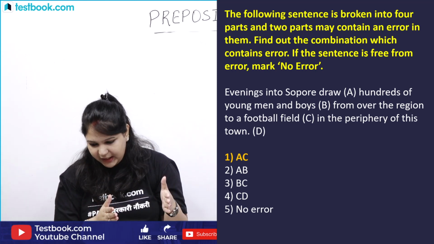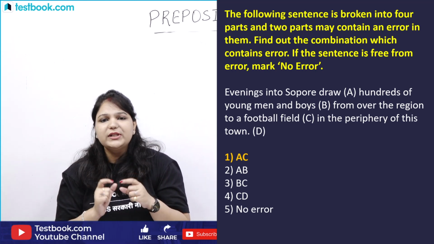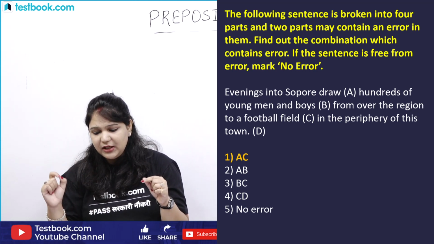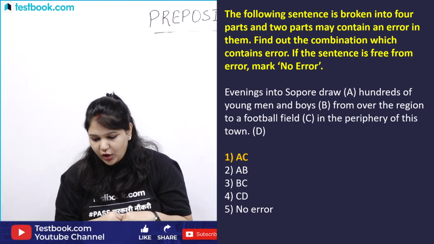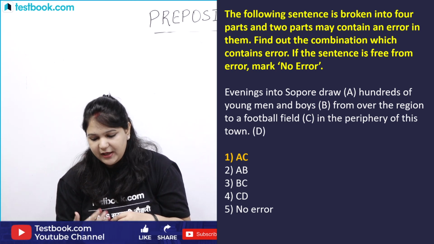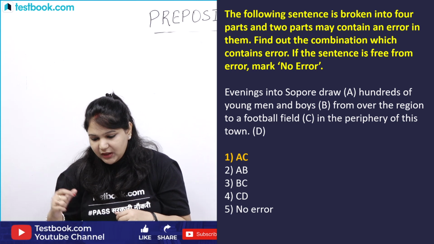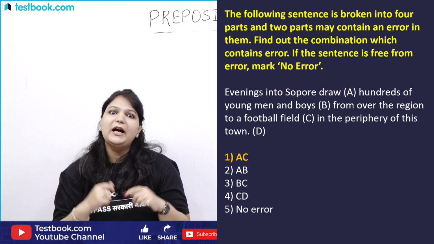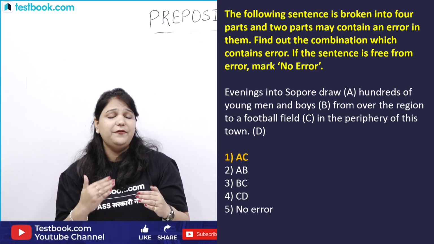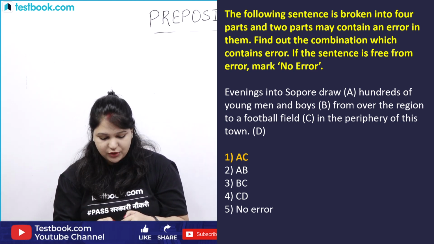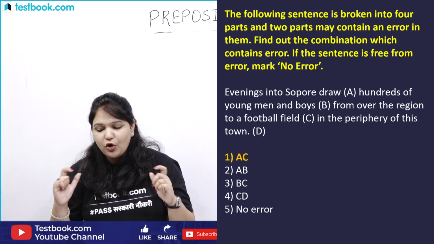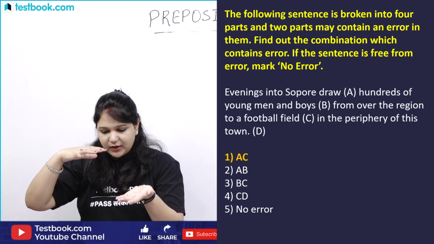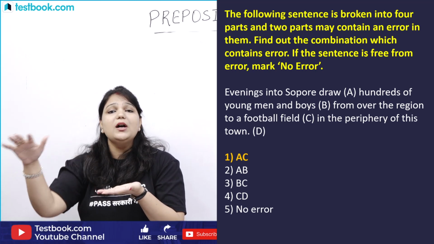In part A, the wrong use is the use of into. It should be evenings in Sopore draw hundreds of young men and boys from over the region to a football field. Again, if you take a reference from the previous example, they have used over the region, but we are actually talking about the whole region. So it should be across the region.